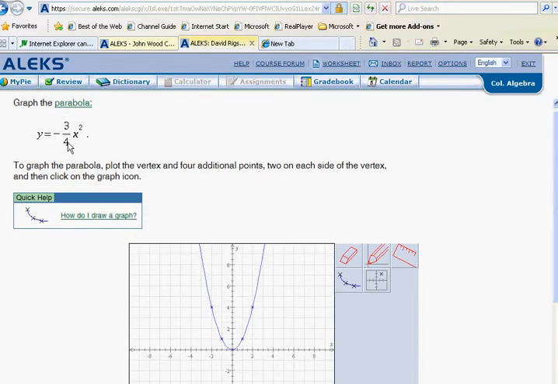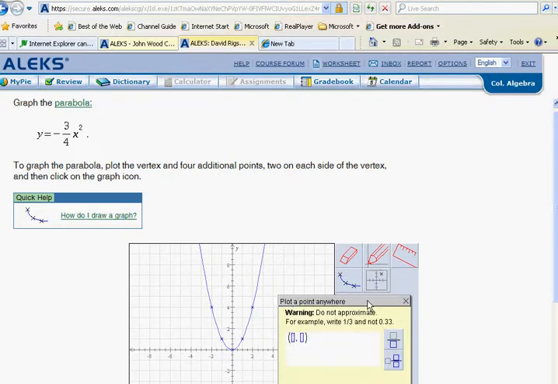Once again, the vertex remains unchanged, but instead of going over 1 and up 1, we're going to go over 1 and down. This says down 3/4. So we're going to have the point. In fact, we're going to have to plot that here. We're going to have 1, and then we're going to have the point negative 3/4. So we're going to have that value, and let's plot it. Okay, we're going to go over 2.